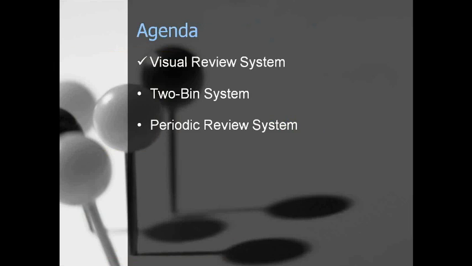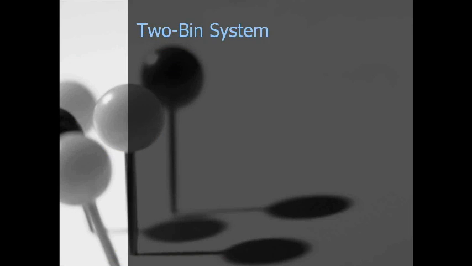Now, so that covers visual review system. Now let's look at two-bin system. Two-bin system, same organization. We were a manufacturer of scientific instrumentation, electronic instrumentation. We had several hundred people working in production, and they used a wealth and variety of little screws and nuts and washers.